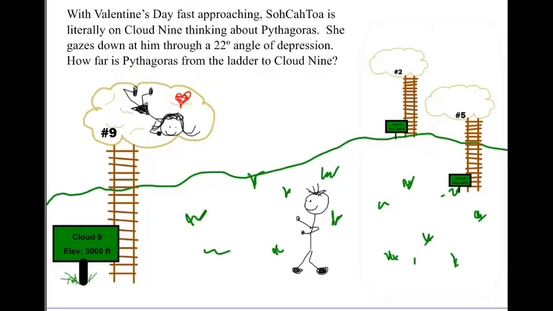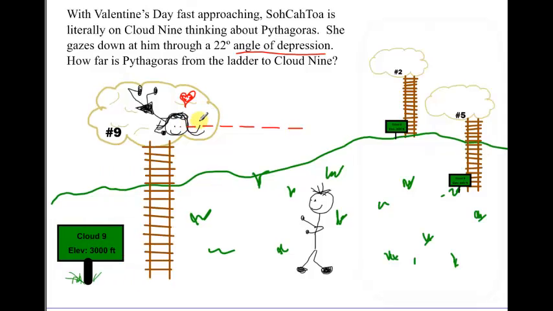Let's draw this in. Okay, so her angle of depression, notice again, there's that new vocab word. It's an angle of depression, 22 degrees. That's from a horizontal line. So we got to come out horizontal. Okay, so we've got the horizontal line. What we need is to get the angle of depression down, and this is an angle of depression.